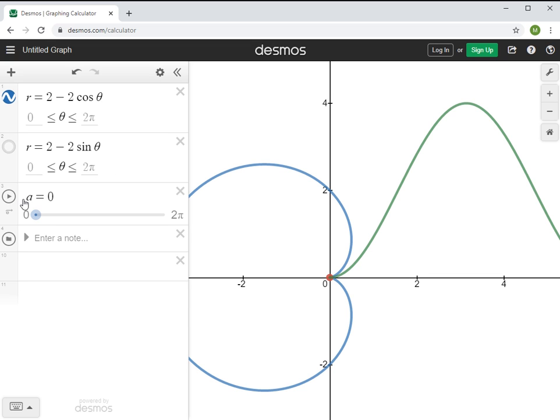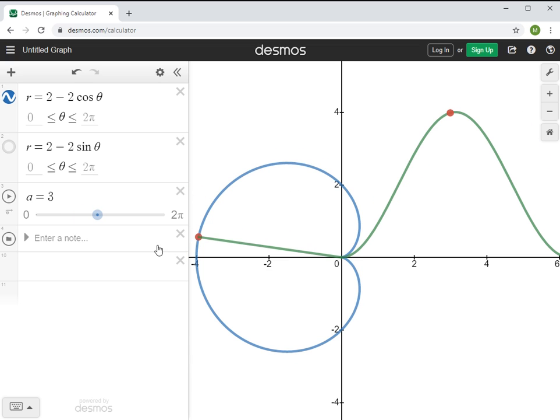So here a, this parameter, is describing my rotation angle. So as I increase from 0, I can see that my radial distance on the green curve is increasing, and I can see that that's the case on the blue curve. And then I reach this maximum radial distance at pi, where r is 4, and then I'm going to decrease back to 0. Okay, very nice.